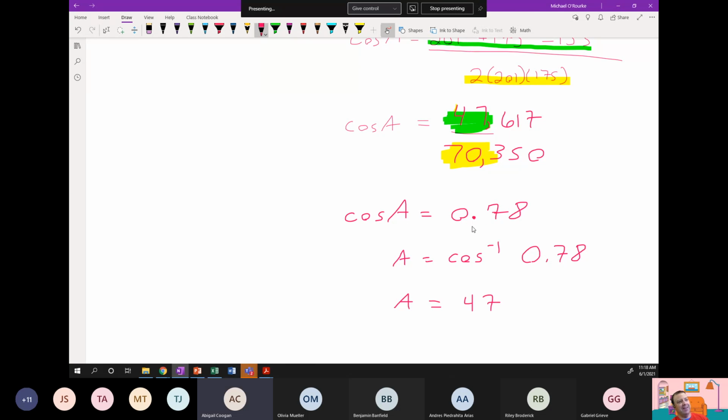All right, so clear it. 0.78, second function cos. Yeah, 38.7. Oh, I got that too. What the heck? Oh, okay. I did something wrong here.